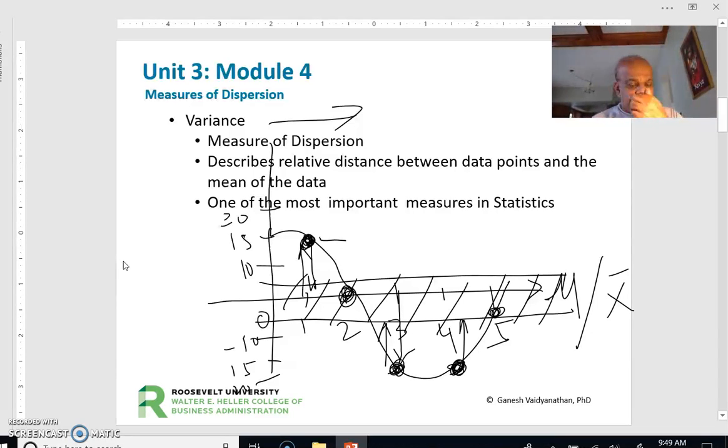For instance, I'm making different wood pieces of the same length, cutting them to the same length. My first wood piece is off by about 15 millimeters. My second wood piece that I cut was perfect.